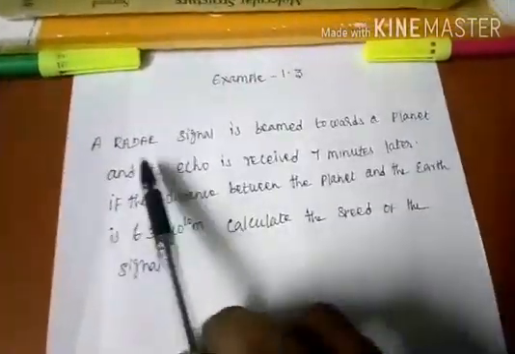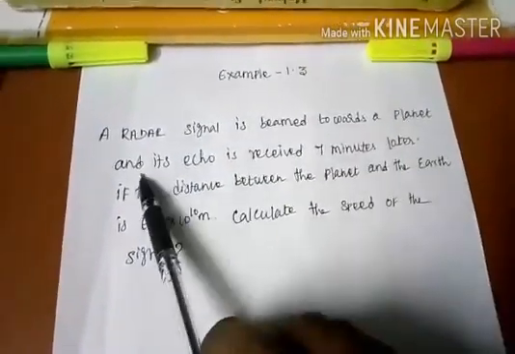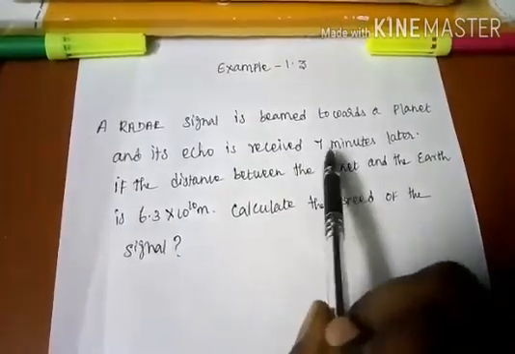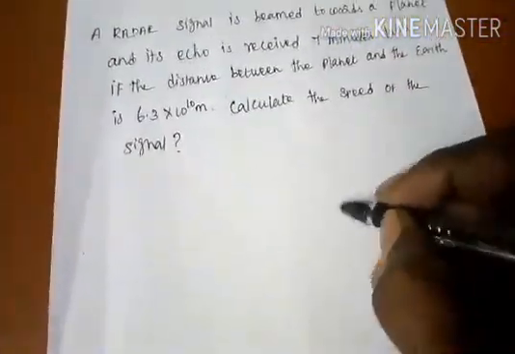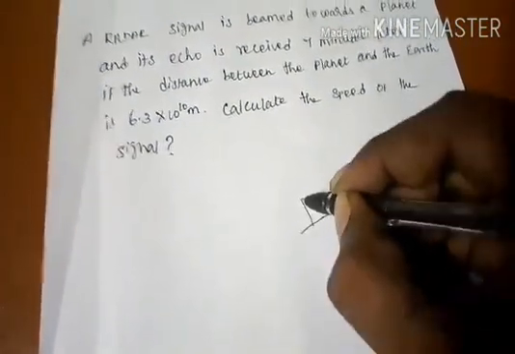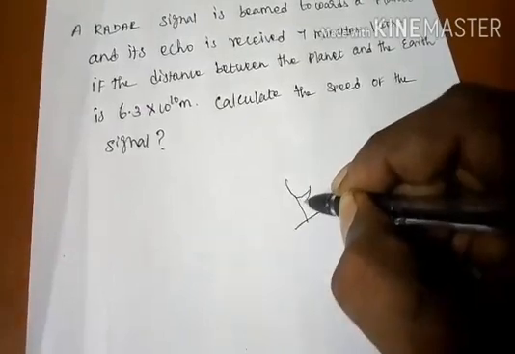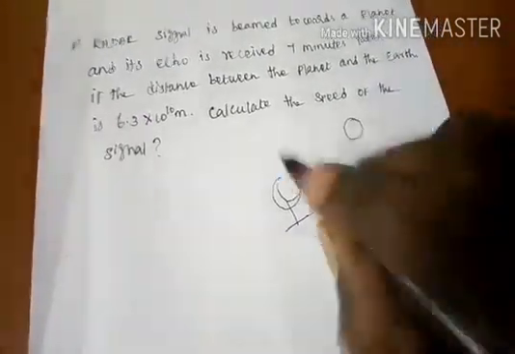Next, the example is 1.3. The question is, a radar signal is beamed towards a planet and its echo is received 7 minutes later. So let us consider, this is radar, and this is planet.